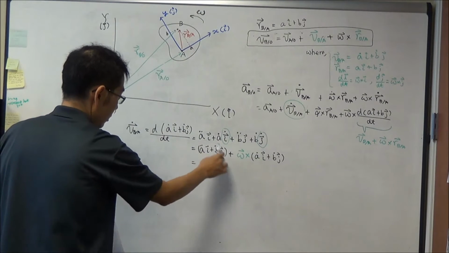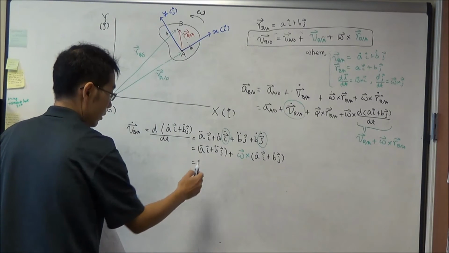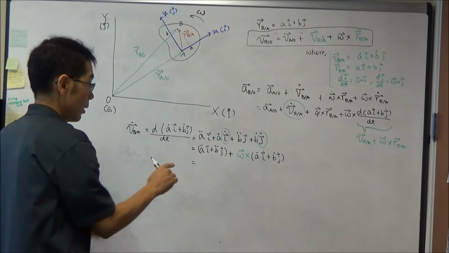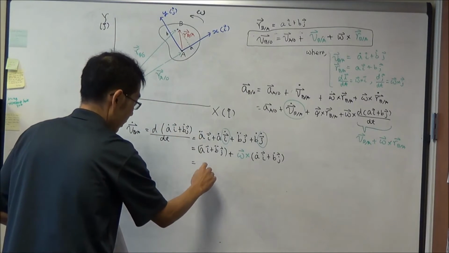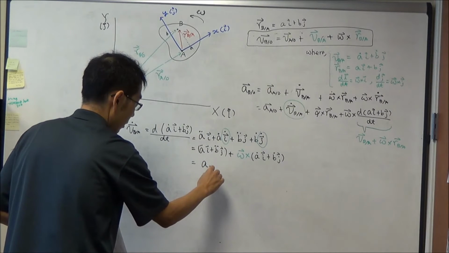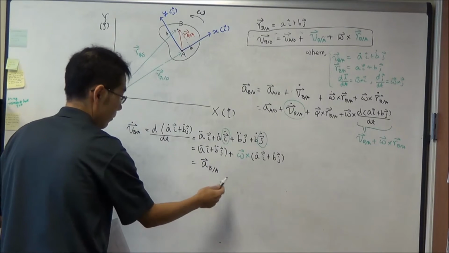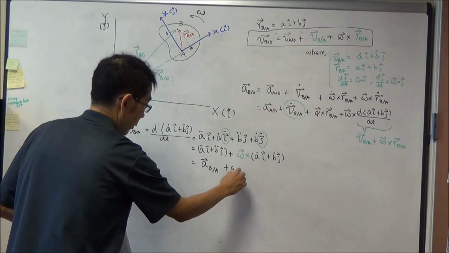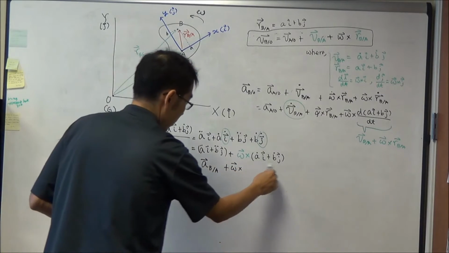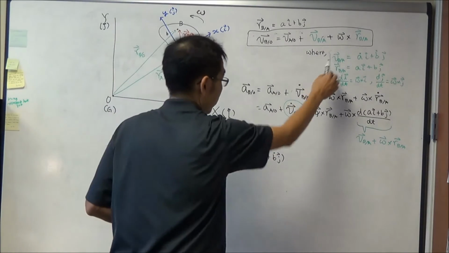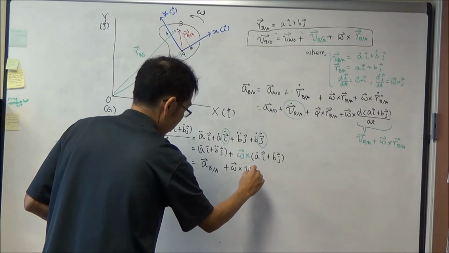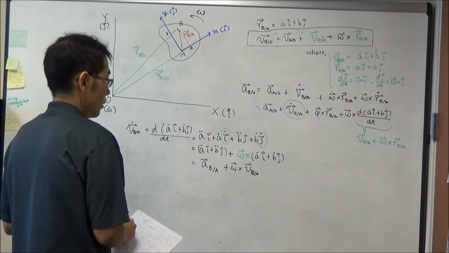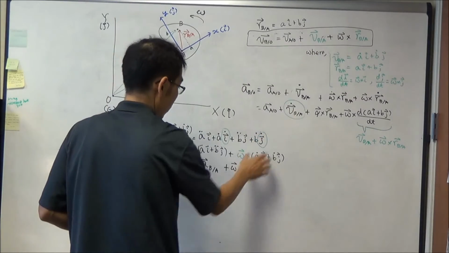Then what is this one? So a-double-dot, b-double-dot. That's the acceleration, but this is the acceleration defined in the local frame. So I can say the acceleration of B with respect to A. Okay? And this is omega cross product, what is this one? This is the velocity. So let's substitute this one with this one.